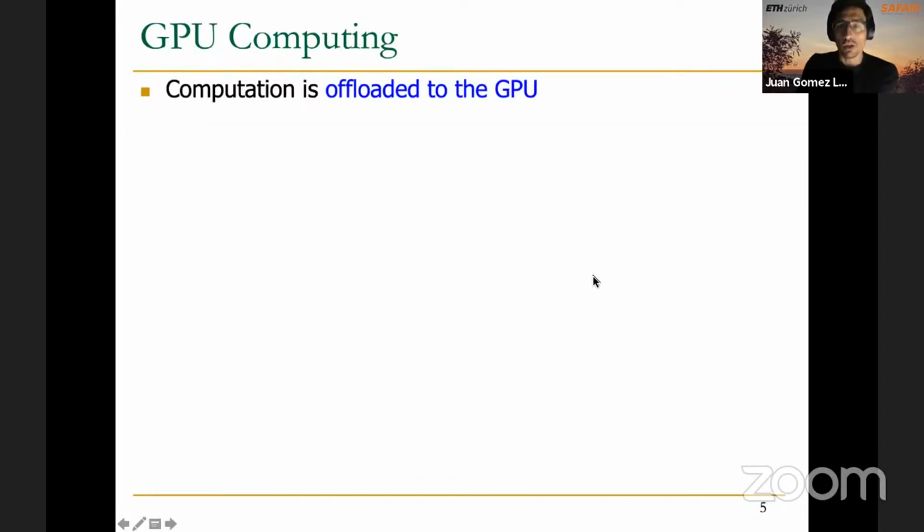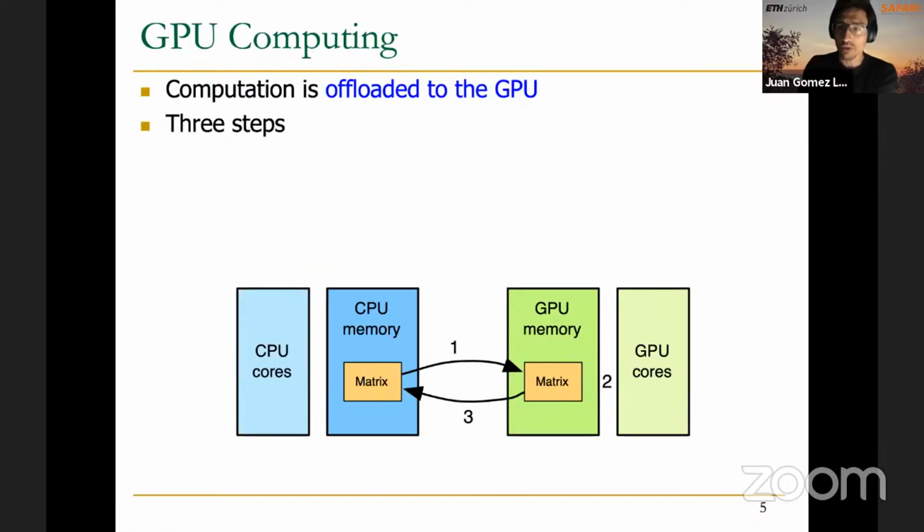Okay, so recall that when we talk about GPU computing, we normally use what we call the accelerator model, in which the GPU is seen as a loosely coupled accelerator, where the host CPU offloads some computation. And we typically have 5 steps, including allocation and deallocation of data in the GPU memory.